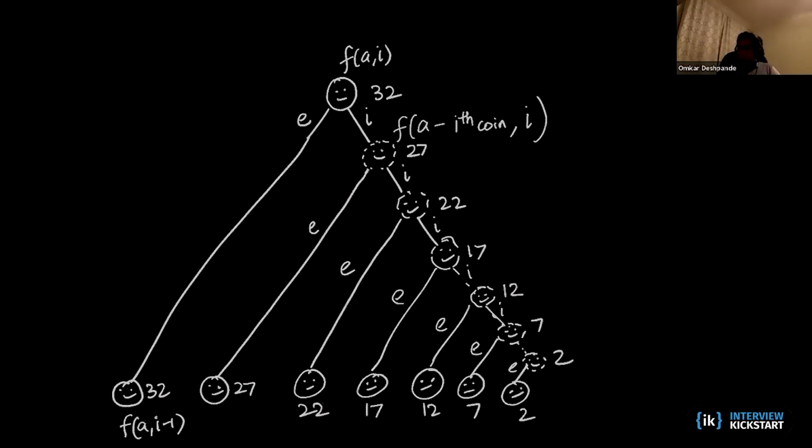Now this subordinate might again jump out here and make it f of a minus ith coin comma I minus 1, or could include one more, in which case the problem description here is f of a minus 2 copies of the ith coin comma I. So the advantage of this is now my F value in any cell depends only on two other values instead of a bunch of other values.